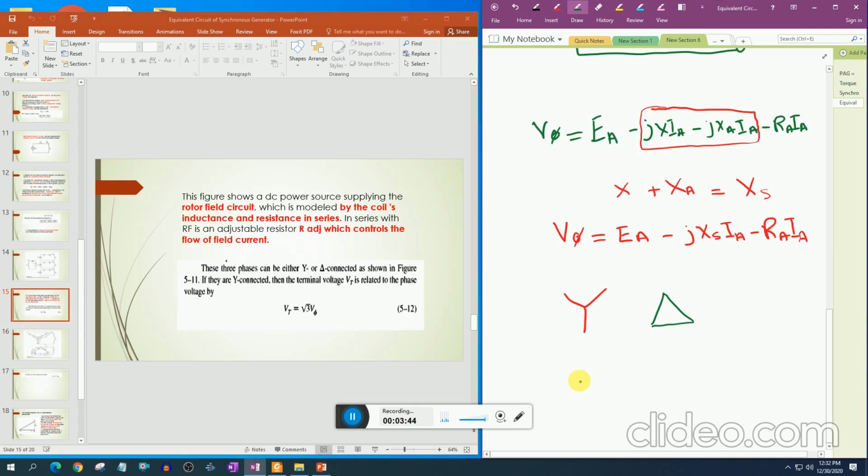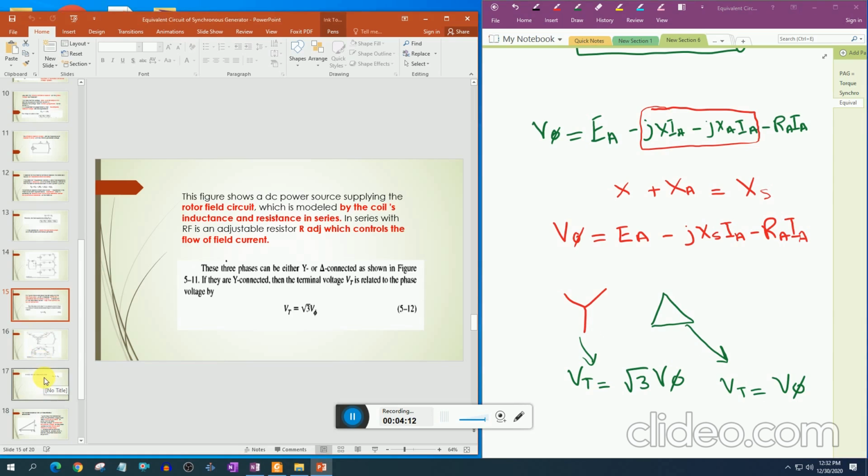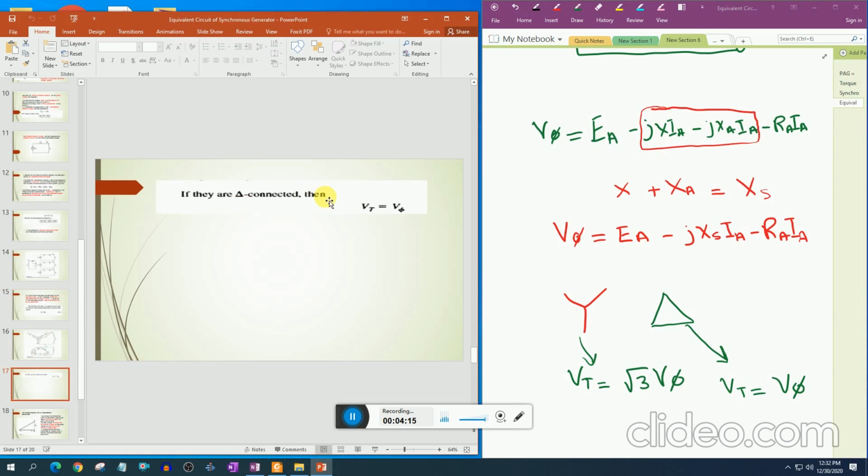If they are Y connected or star connected, then the terminal voltage Vt is given as root 3 V phase. But if they are delta connected, then V terminal is equal to V phase.